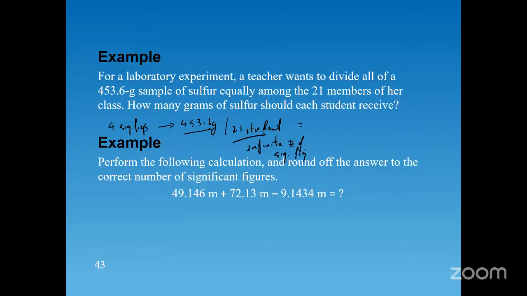And now this is interesting, because what I got here is 21.6 grams per student. That is directly from the calculator. But as he just said, you need to express it to 4 sig figs. As we have it now, that's 3 sig figs. So how do we express it to 4 sig figs?